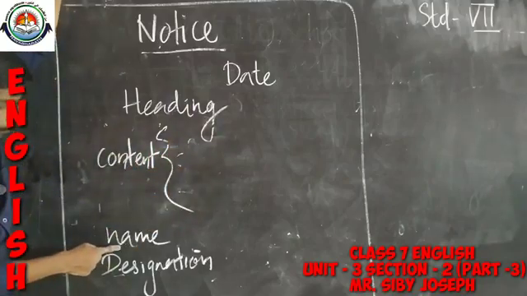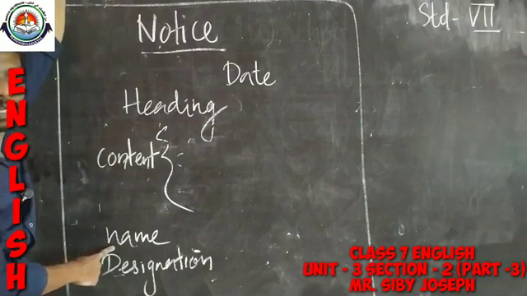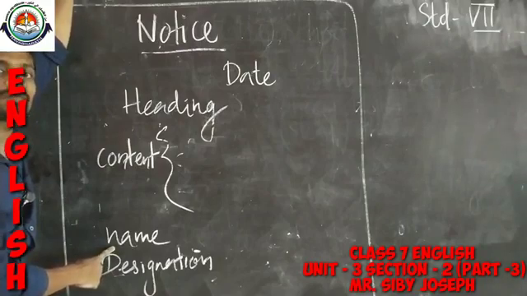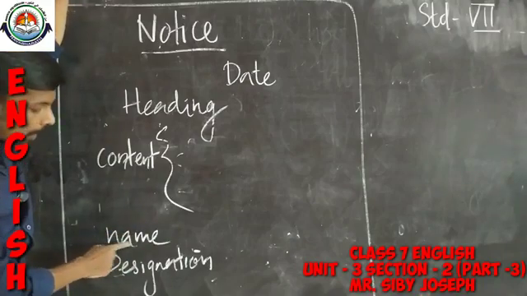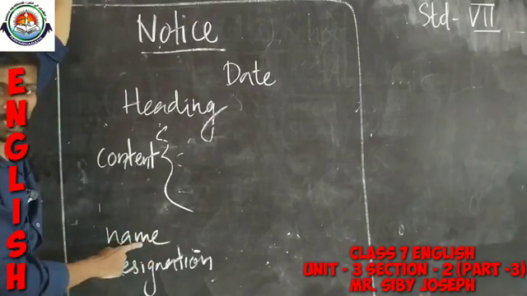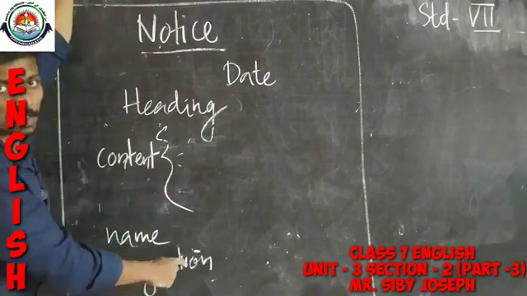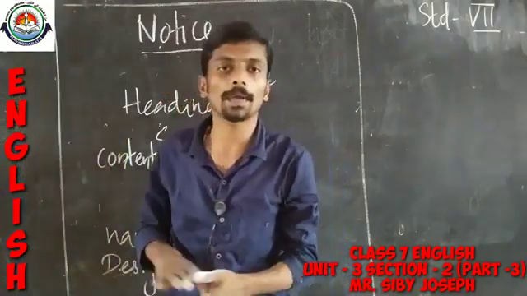And finally, you have to write the name of the authority. For example, if it is published in a school, you know that the principal is the higher authority. So, you can write down the name of the principal and the designation. Yeah, principal, Navbharat Model School. Okay, in that way you can prepare a notice.